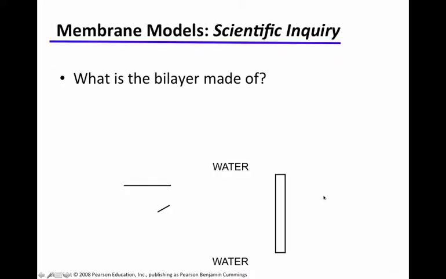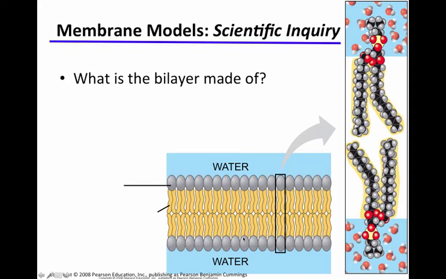So what is this lipid bilayer made of? If the external environment is water, what is this bilayer made of? I'm giving it away. The heads are made of something that you should know by now. What you're seeing here is the image of these heads highlighted, and you see the tails. So it's a bilayer.